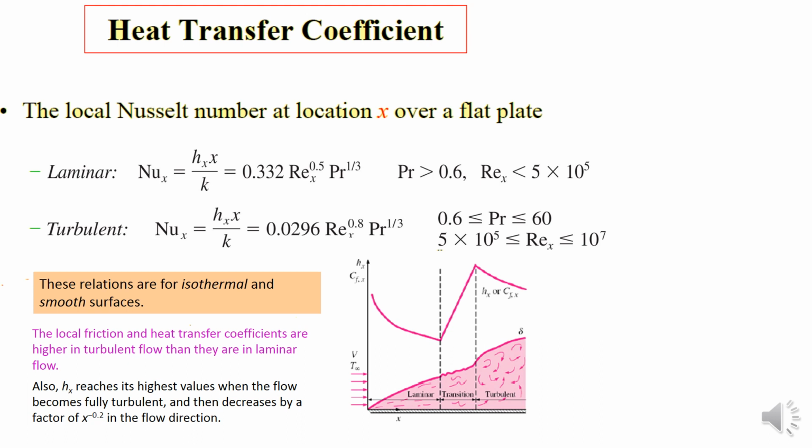When it completely reaches turbulent flow, which is the border of transition and turbulent, it has the highest convection heat transfer, and then it starts to decrease again with the factor of x to the power of minus 0.2, as shown in the notes I put there.